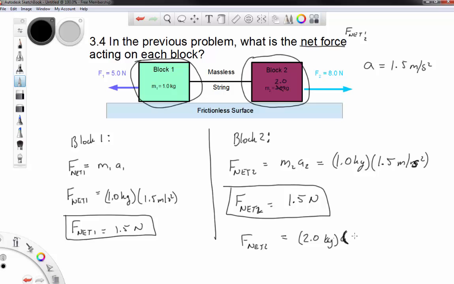Then you'd have 2 kilograms times 1.5 meters per second squared, and that would be 3.0 newtons. This one would be unchanged because the mass is unchanged and the acceleration is unchanged. So this actually kind of begs the question, how much force would we need to apply to the system to make this happen?